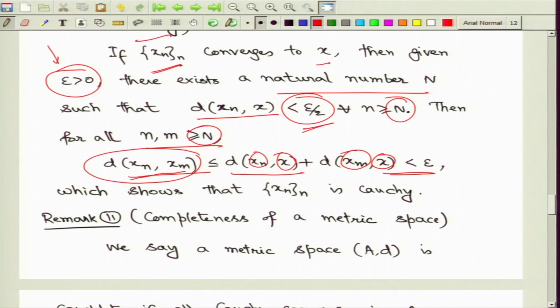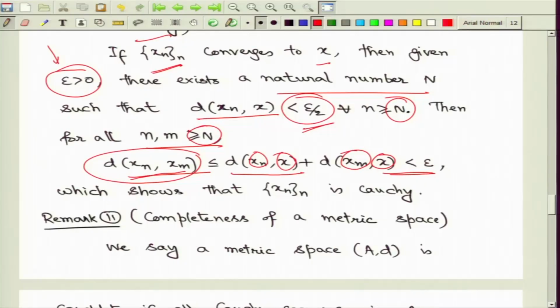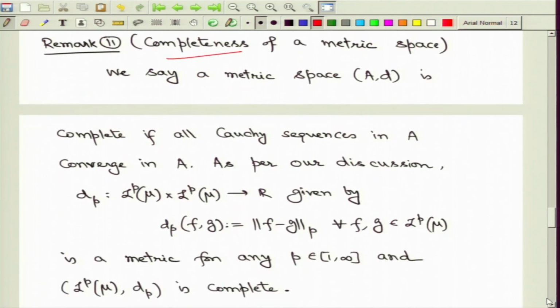Now, here is an interesting comment that we have actually seen earlier, but we will re-emphasize this in the situation of metric spaces. This is about the completeness structure. So, we say a metric space A together with this distance, the metric d, is complete if all Cauchy sequences in this set converge inside the set.